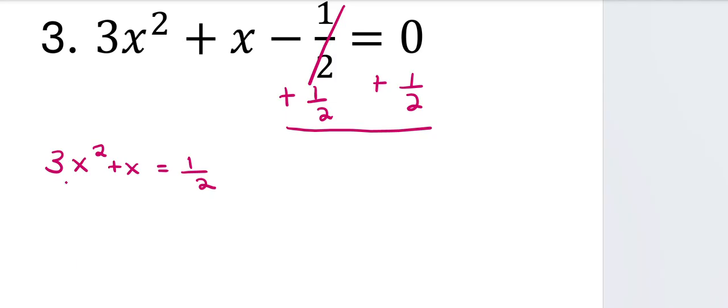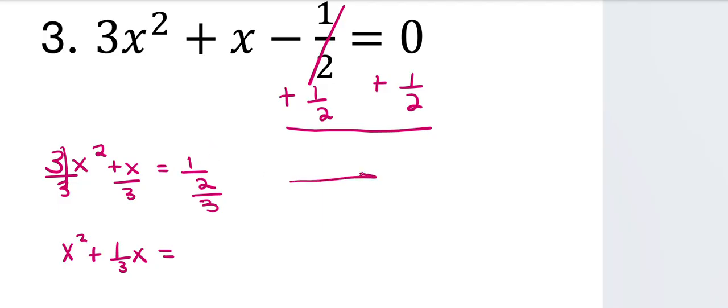Then within step 1, we need to make sure we divide everything by 3 because we need that coefficient of the x squared to be 1. So I have x squared plus 1 over 3x equals this work right here.